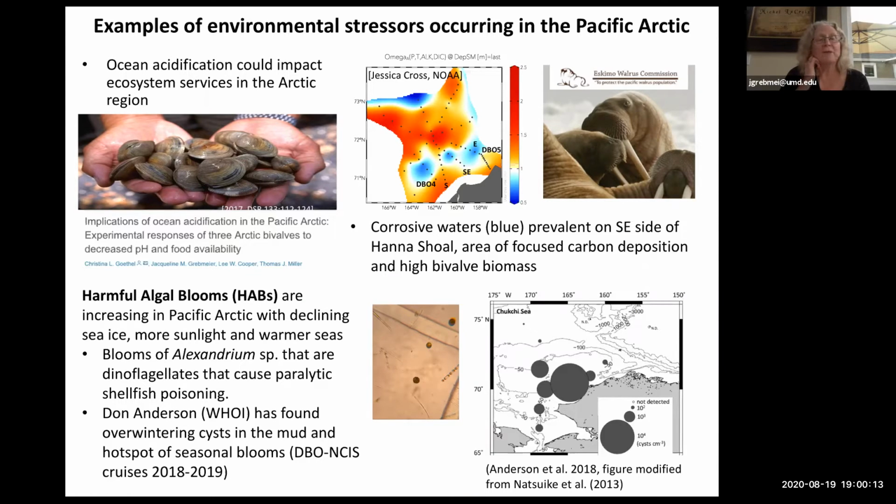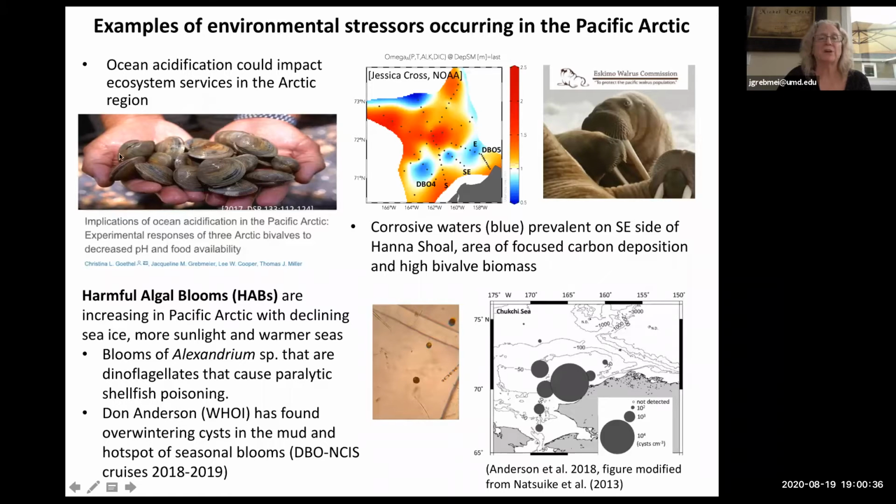It's making some of the water in some of the areas more acidic, more so south of St. Lawrence Island and north of Bering Strait when the currents are really slowed down. Because what happens is that a lot of organic matter settles to the bottom, animals consume it, bacteria consume it, and it makes CO2. And that then is more acidic, and it can have an impact on the shells.